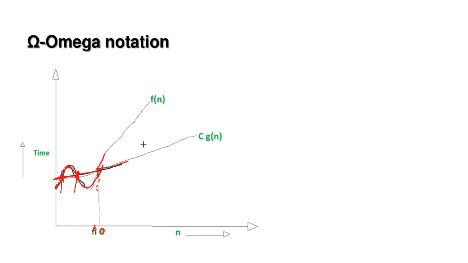That means f of n is growing faster than c into g of n after n equal to n0. As our equation suggests, f of n is always greater than or equal to c into g of n for n greater than or equal to n0. Also, c should be greater than 0, or greater than or equal to 1.